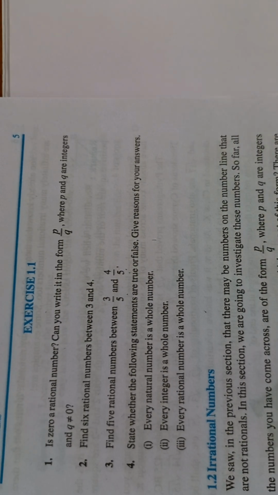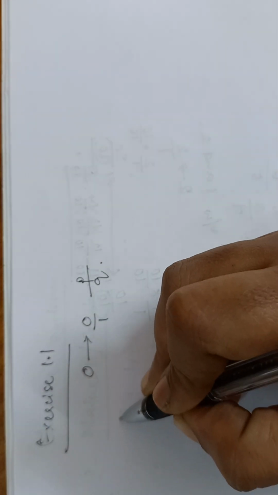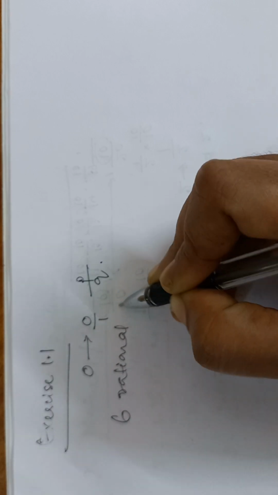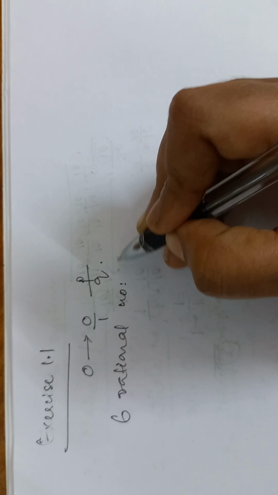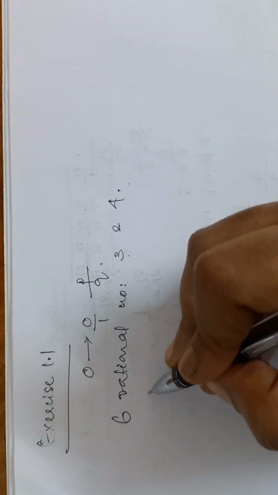The next question is, find 6 rational numbers between 3 and 4. So the numbers are 3 and 4.